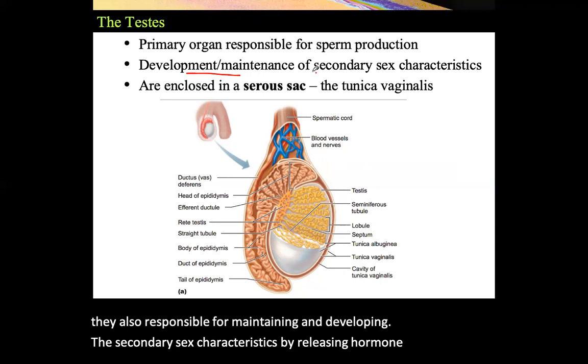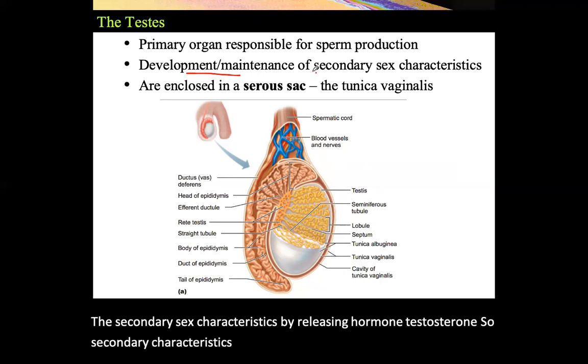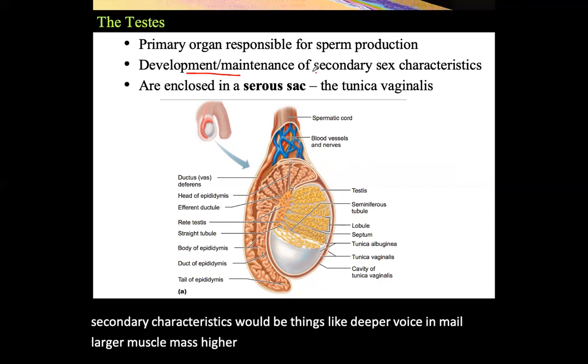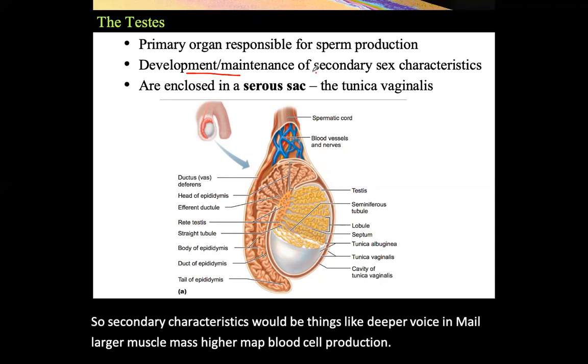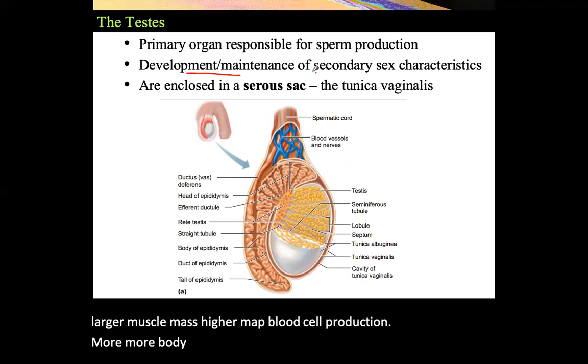Secondary characteristics would be things like a deeper voice in male, larger muscle mass, higher blood cell production, more body hair, etc.